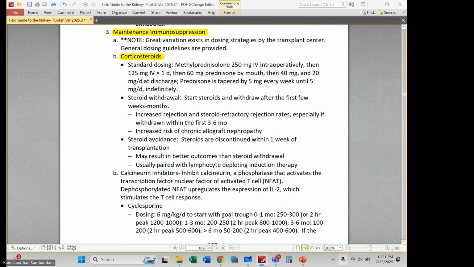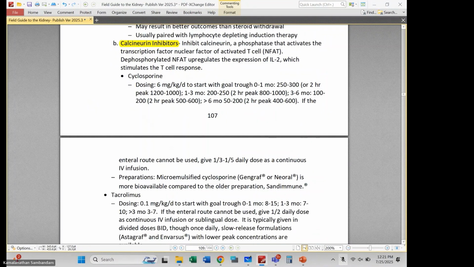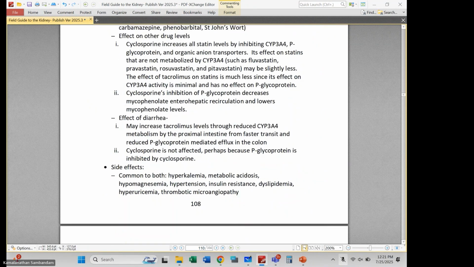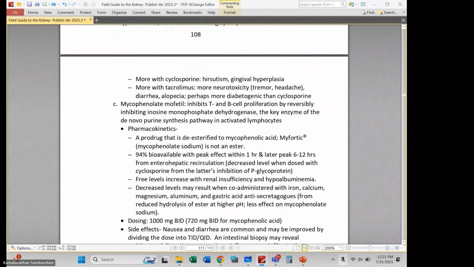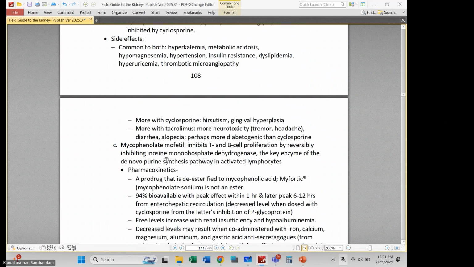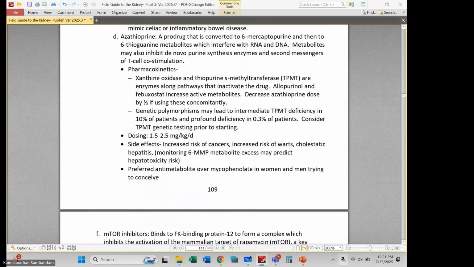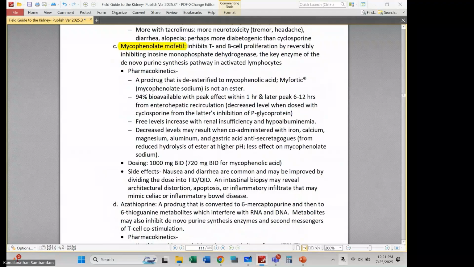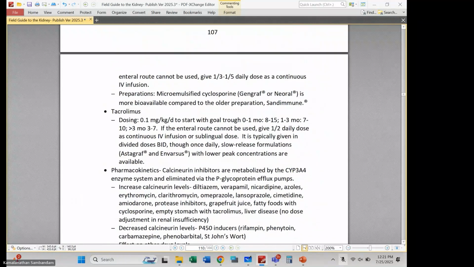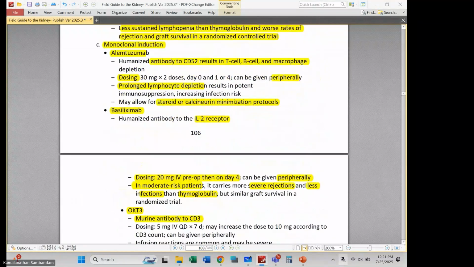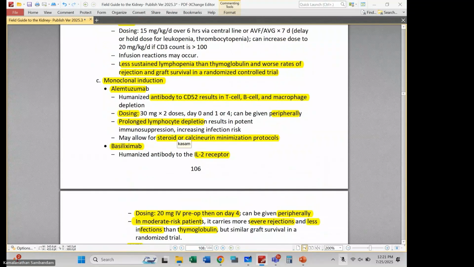So we usually think of standard maintenance as involving corticosteroid, calcineurin inhibitor, and an antimetabolite. Okay, and that antimetabolite is typically going to be mycophenolate most commonly. All right, that's your 3-drug maintenance immunosuppression that is most common in renal transplantation and even in non-renal transplant.